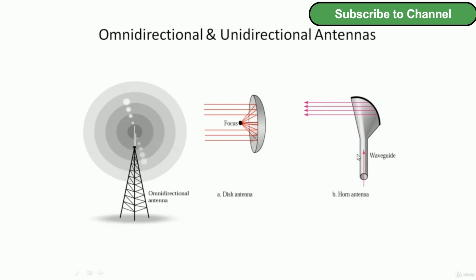This is the waveguide. So these are some types used here: omnidirectional and unidirectional antennas. The omnidirectional one radiates on all sides, while these are the unidirectional antennas used in the transmission.